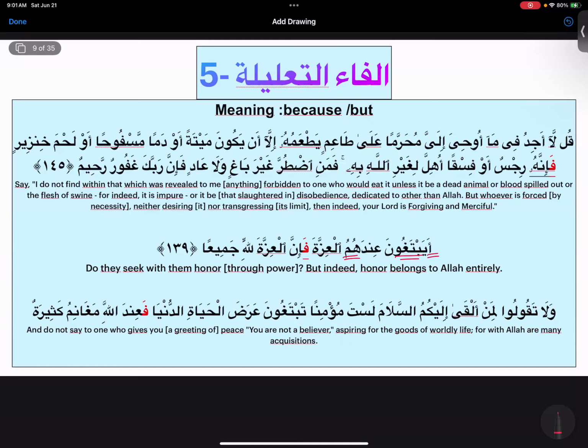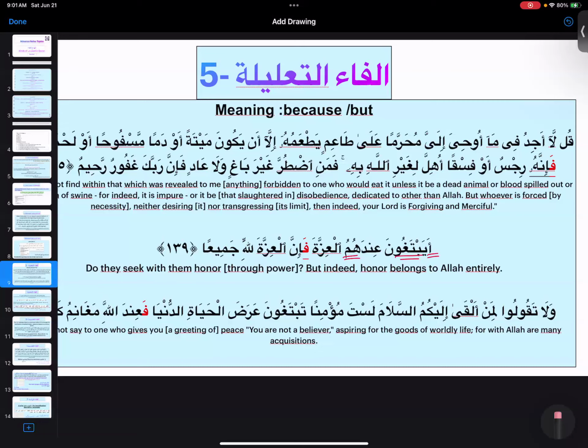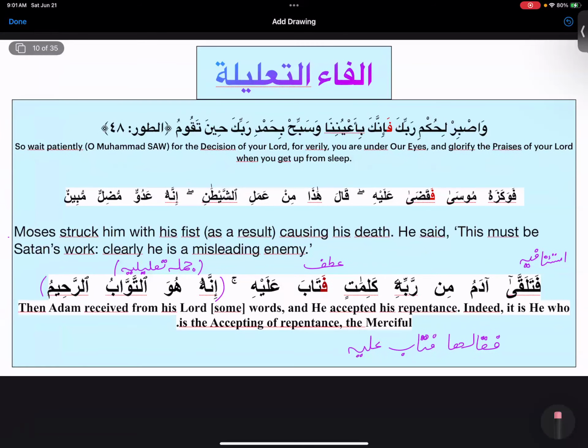So Allah subhanahu wa ta'ala is saying, with Allah are many bounties. I have all these bounties for you. So again, this is giving a reasoning here. More examples of taliliya over here.